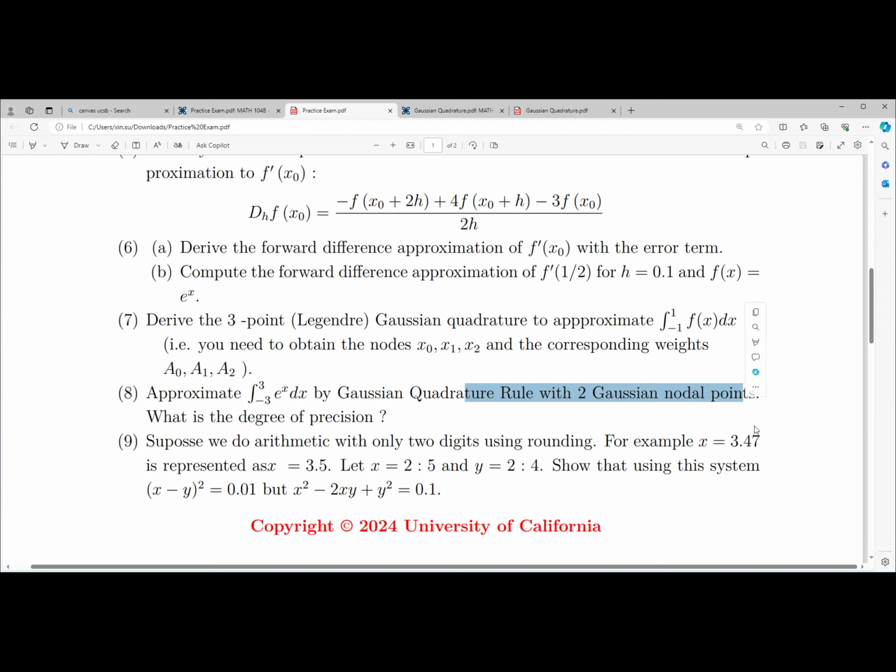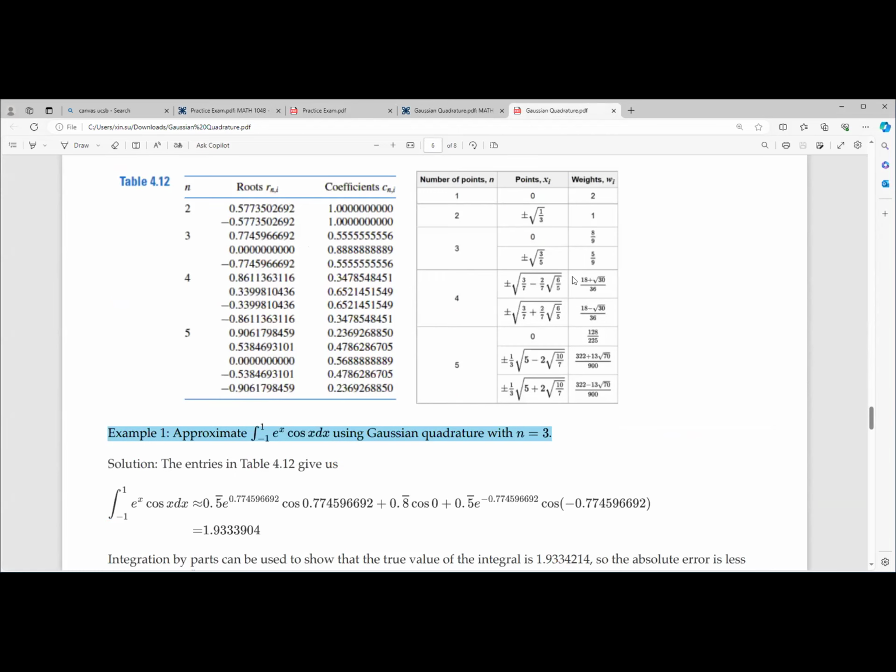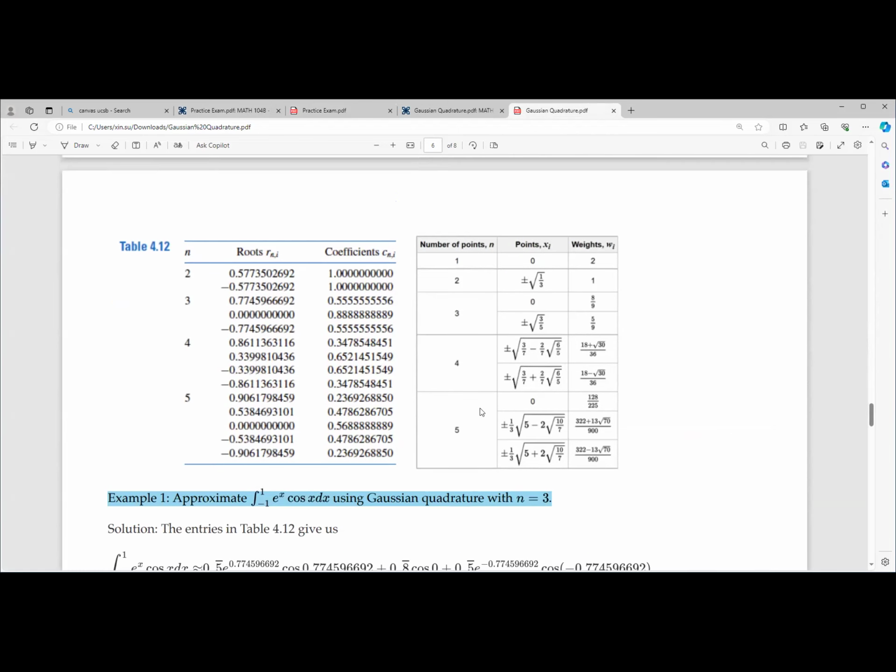So I will give you a table here, and at the end of the question, I will say, please use the table values given in the cheat sheet. And so what you're going to do is take a look at this table. You have the number of points, and that is the true number of points we have, right?